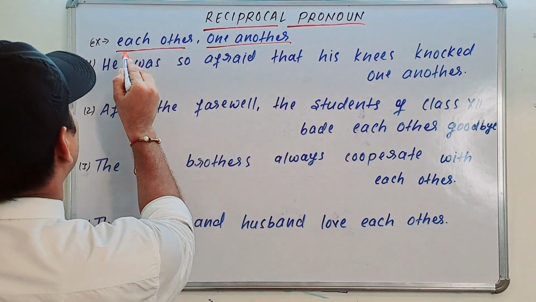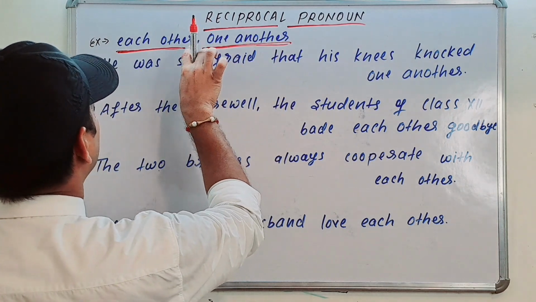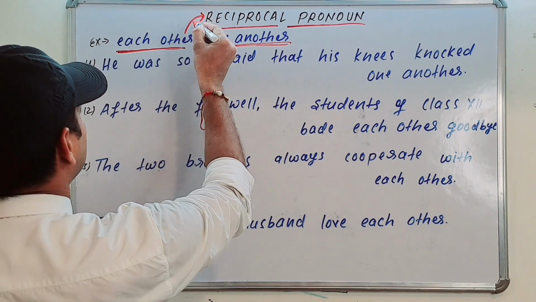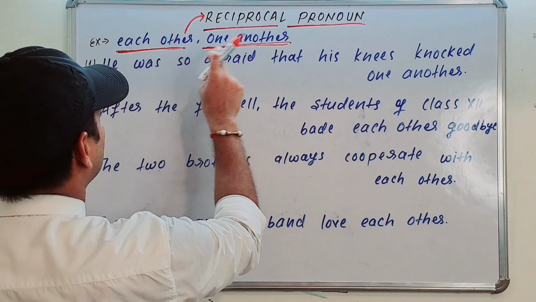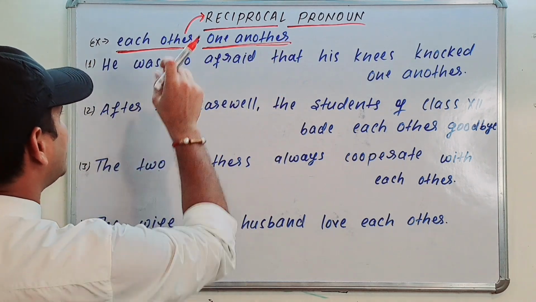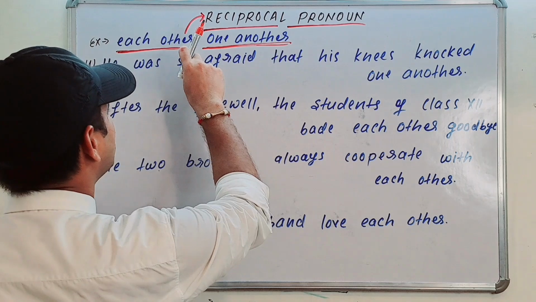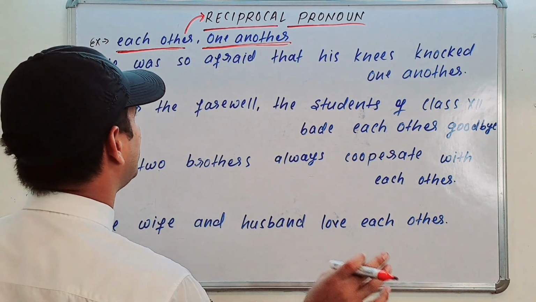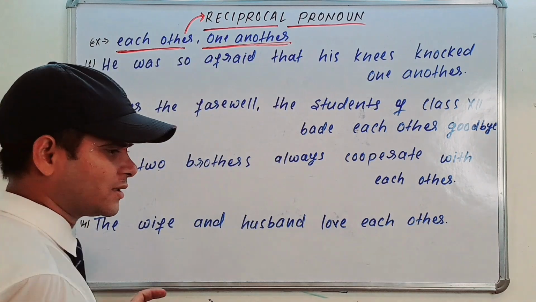First one here, each other and one another. There are two reciprocal pronouns, each other and one another. They are used to indicate a mutual relationship between two subjects or objects.